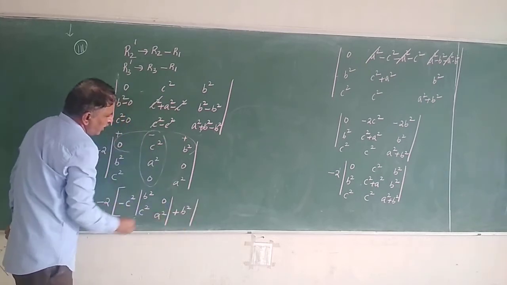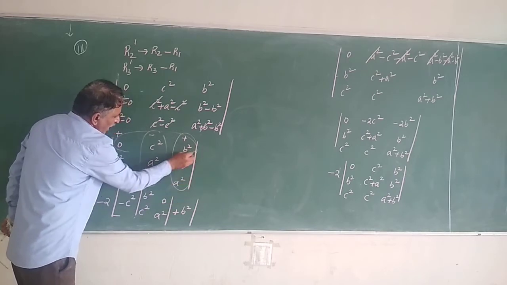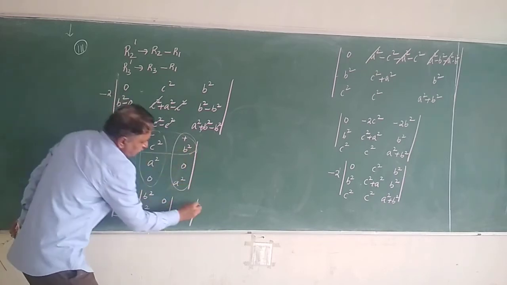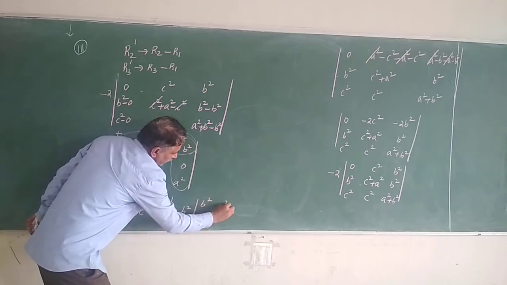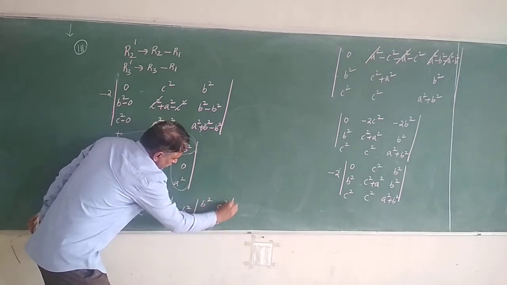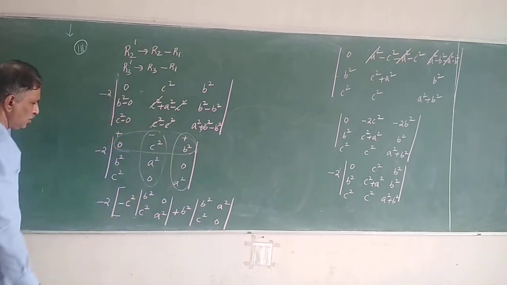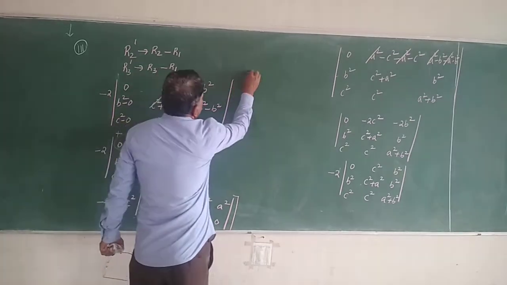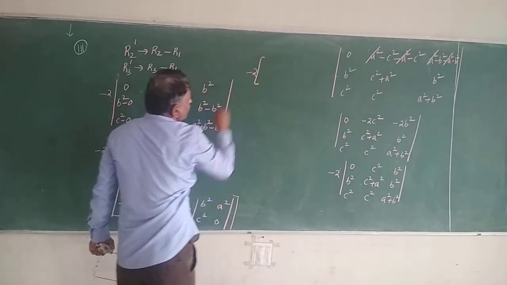When I take B square, I need to eliminate this row as well as this column. I will get B square, A square, C square, 0. Now, minus 2 as it is.